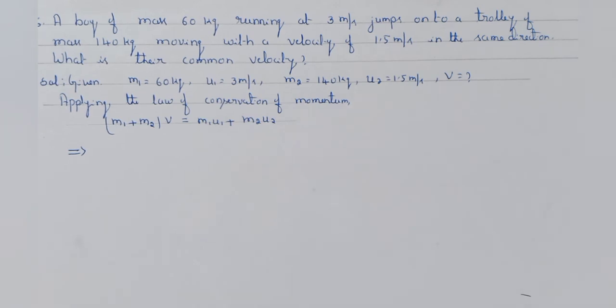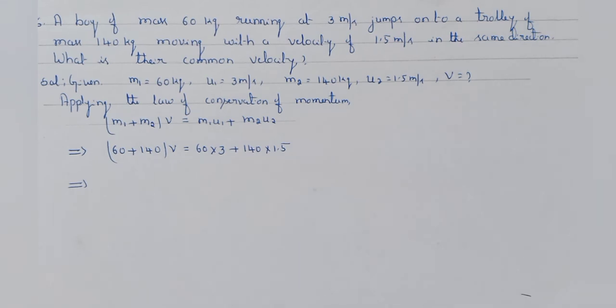Now substitute 60 in place of m1 and 140 in place of m2, and v we have to find out. And m1 is equal to 60 and u1 is 3, and m2 is 140 and u2 is 1.5.